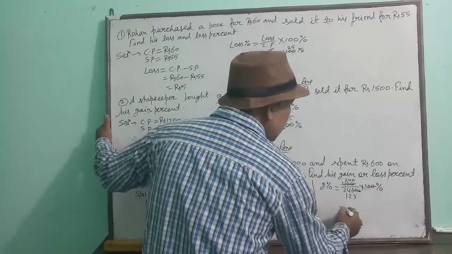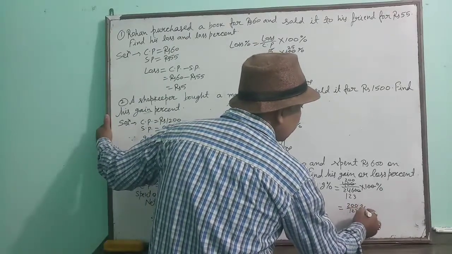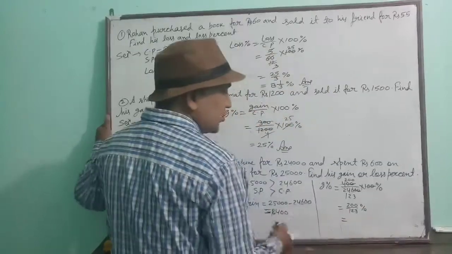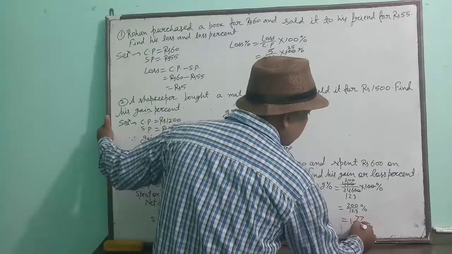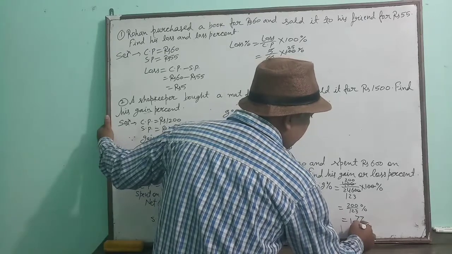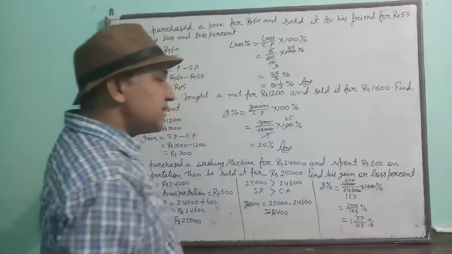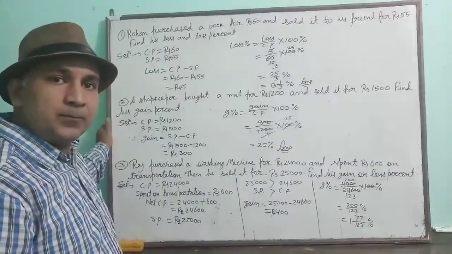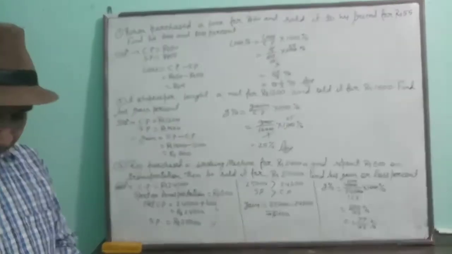So 200 upon 123%. Convert it into a mixed fraction: 1 and 77 upon 123%. This is the gain percent. Okay, note it down so that we can do some more questions.